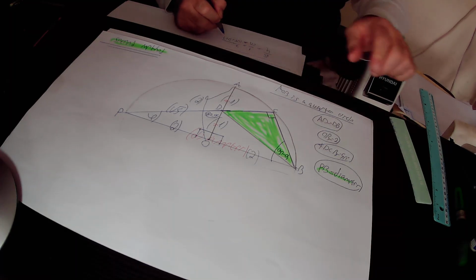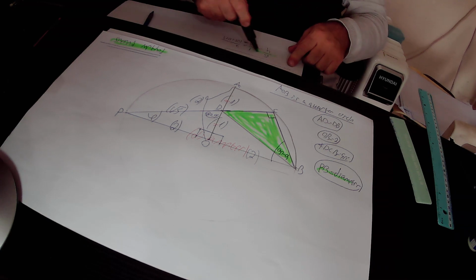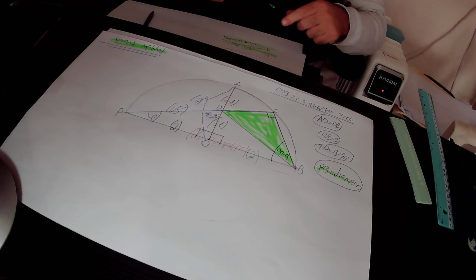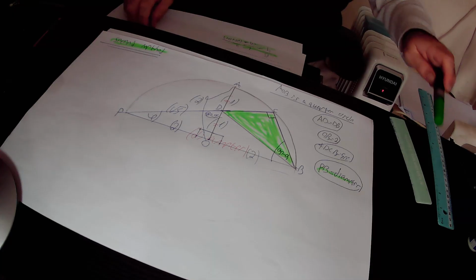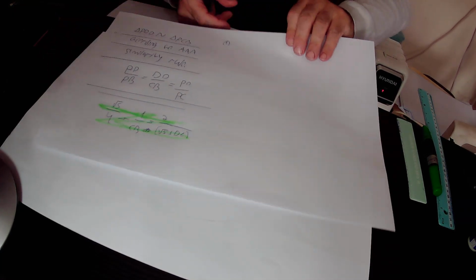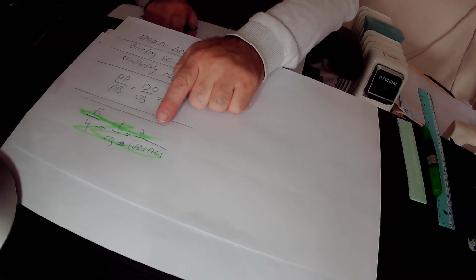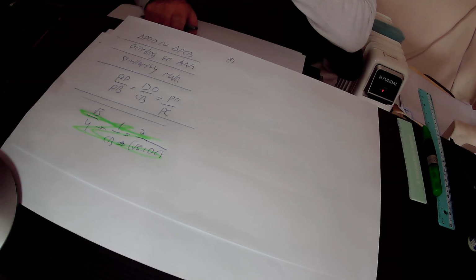So in total, we actually found out that square root of 5 over 4 equals 1 over CB equals 2 over square root of 5 plus DC.